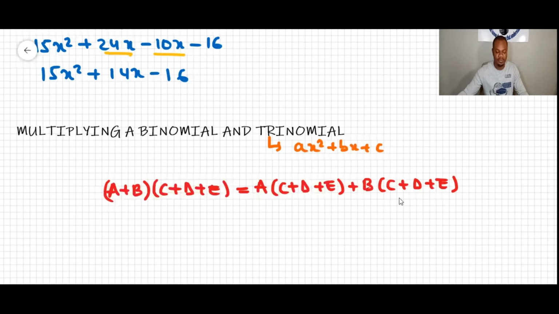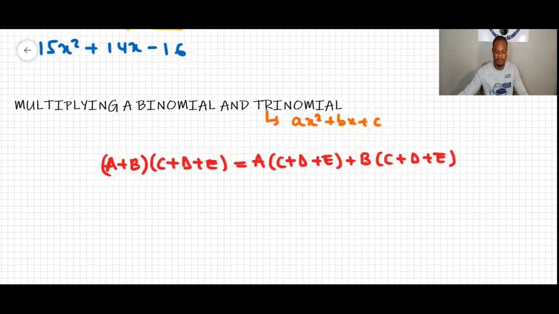Now let's take an example here. I'll take (x minus 1) times (x squared minus 2x plus 1). This is what we're going to do.